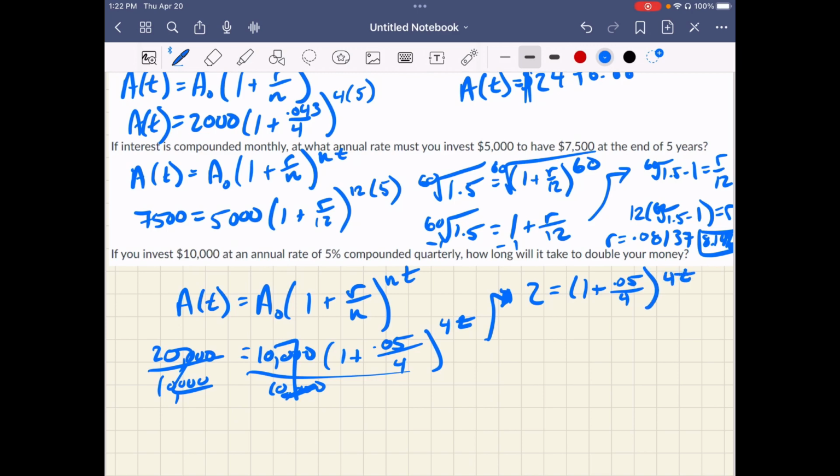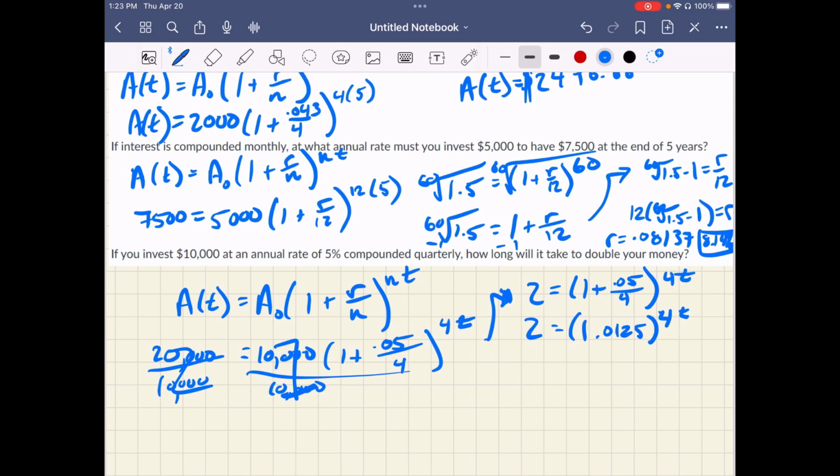All right, so now if I take this number here, 0.05 divided by 4 was 0.0125. And then if I take these two here and add those together, you're just going to get 1.0125. And that's the 4t power, and that's 2.